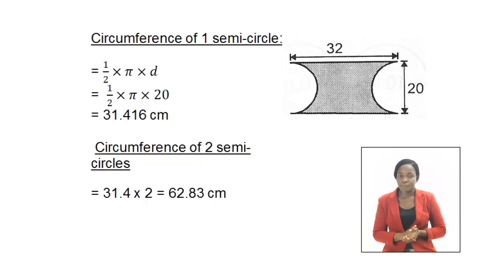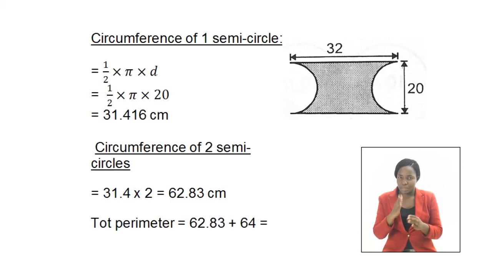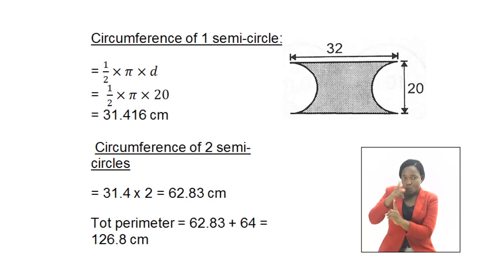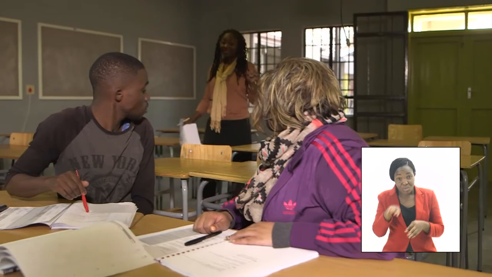That is 62.83. I see. And then the total perimeter is the perimeter of the straight lines, 64, plus the circumference of the 2 semicircles, 62.83. The total is 126.83 centimeters. We round off the final answer to 126.8 centimeters.